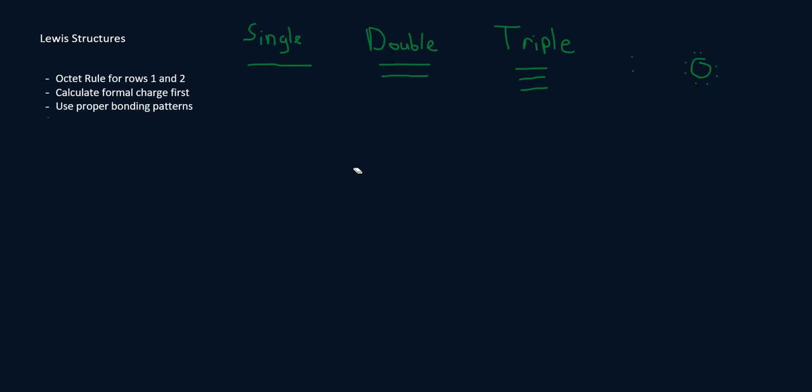And Lewis structures are incredibly important, particularly if you go on to study organic chemistry. So I know many Gen Chem students eventually go on to take organic chemistry for one reason or another. And I will say this, mastering the art of drawing Lewis structures and of correctly calculating formal charge is a vital skill in organic chemistry. So you'll be much better off if you master how to do this now.